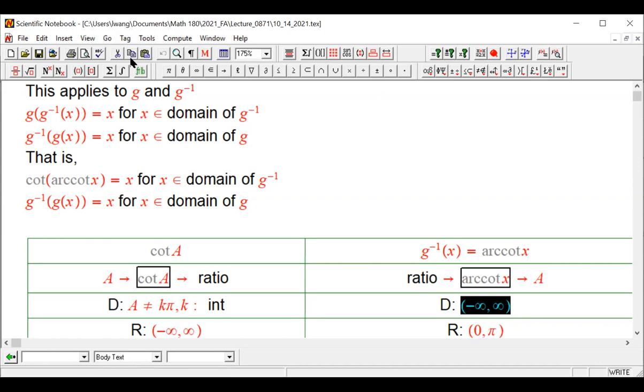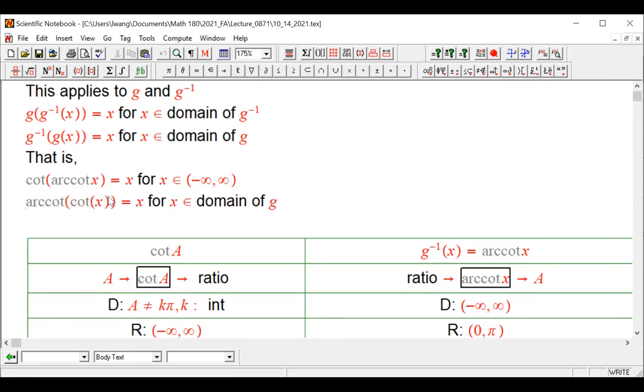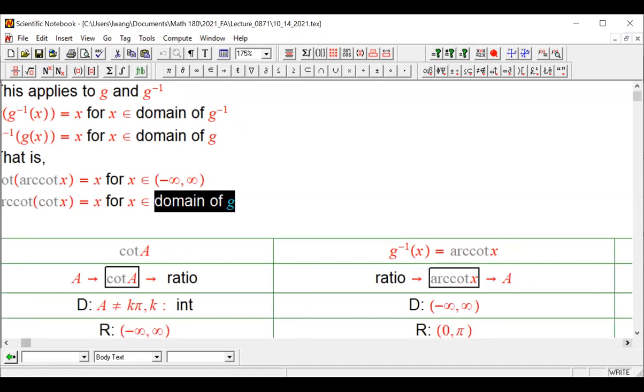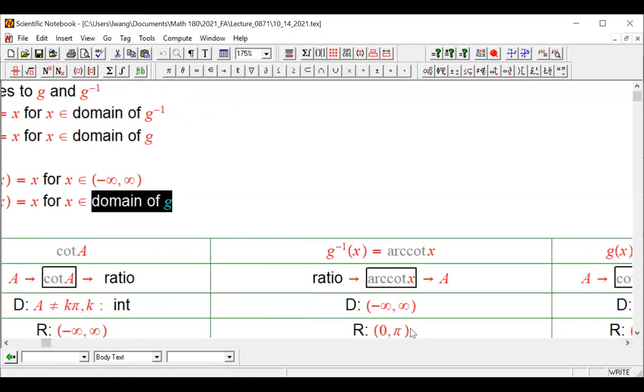The domain for G inverse is right here. Now G inverse is ArcCotangent and G is cotangent. We can remove that parentheses for simplicity. And this X is in the domain of G. What's the domain of G? The domain of G is the range of G inverse. So that piece is replaced by that.